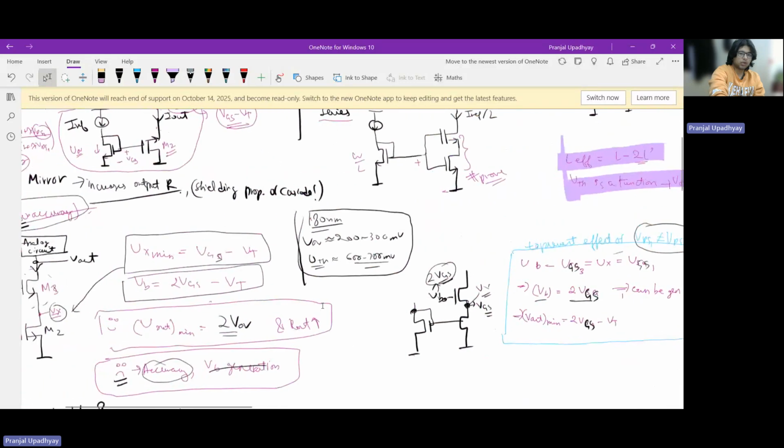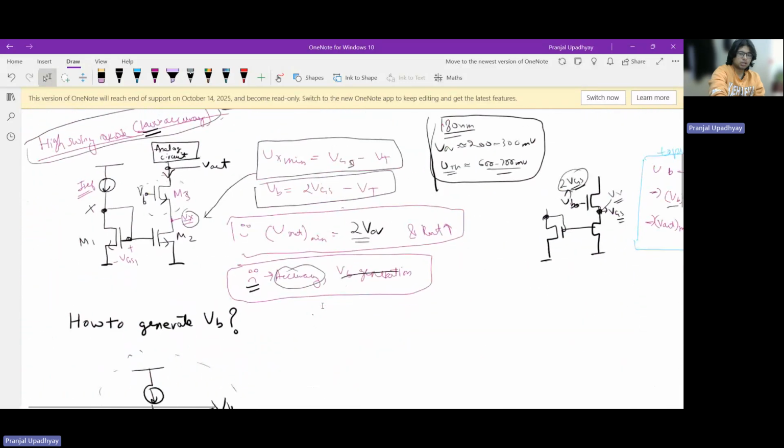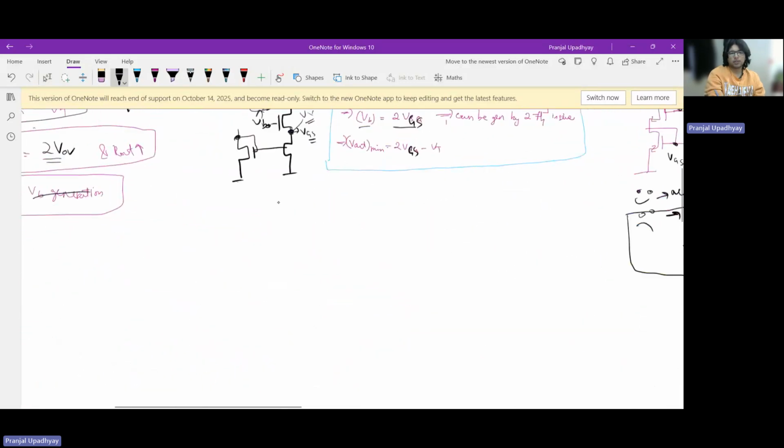Moving on, I want to summarize and emphasize that in the low swing cascode, or rather poor swing cascode, I'll just write it as poor swing cascode, what we were seeing is that accuracy was there, but the swing was limited, or V out min was limited by twice V overdrive plus VTH.